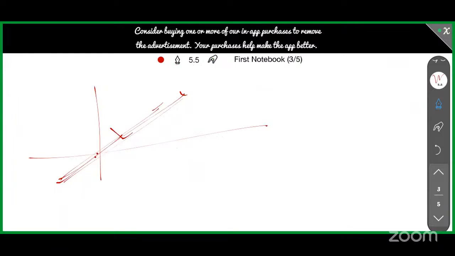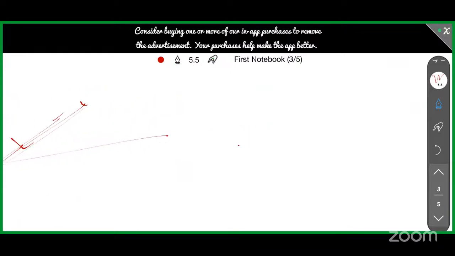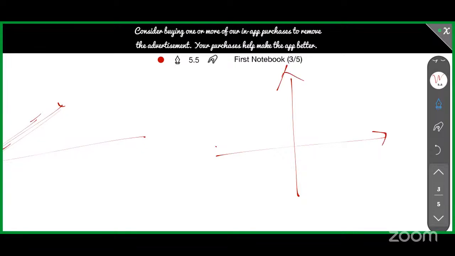Now, let us take a Cartesian coordinate system, the XY plane. So any point on this plane is given by, let us say, point P is given by.